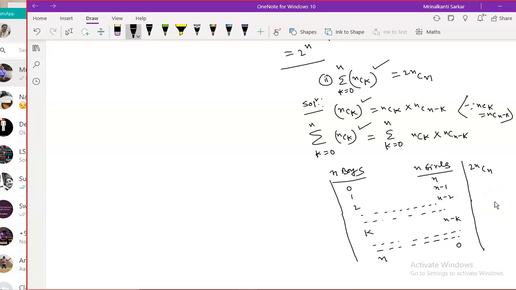Somebody says no, think differently. Why do you always go for a mathematical proof? Think this way. When I select 0 boys and n girls, how many ways can it be done?